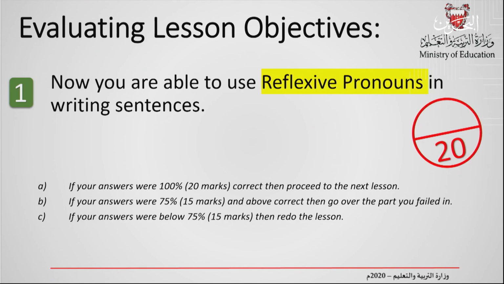If you have 100% perfect answers, that means 20 marks, then you can proceed to the next lesson. If you have 75% and above, that means 15 marks and more, then you can go over the part you failed in and redo it. If you have 75% or lower than that, that means 15 marks or lower than that, then redo the whole lesson.